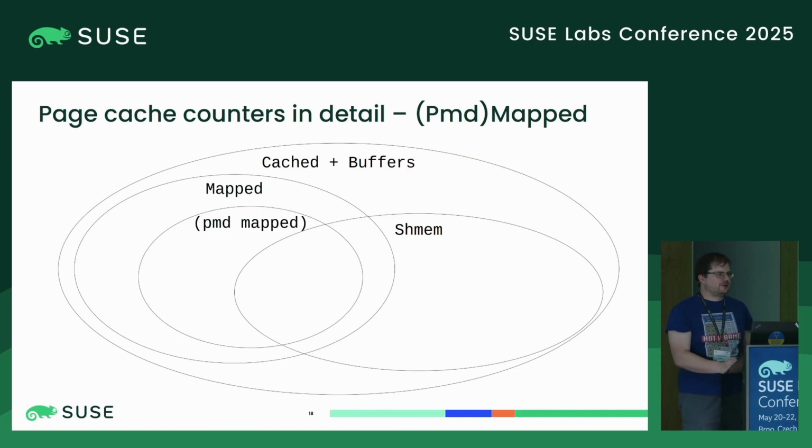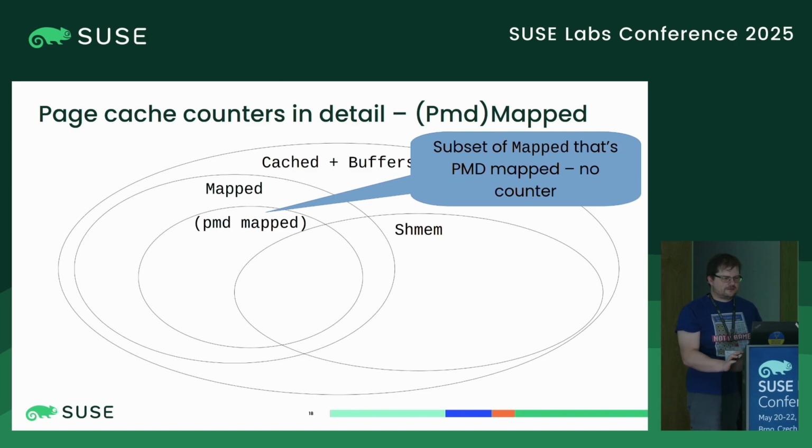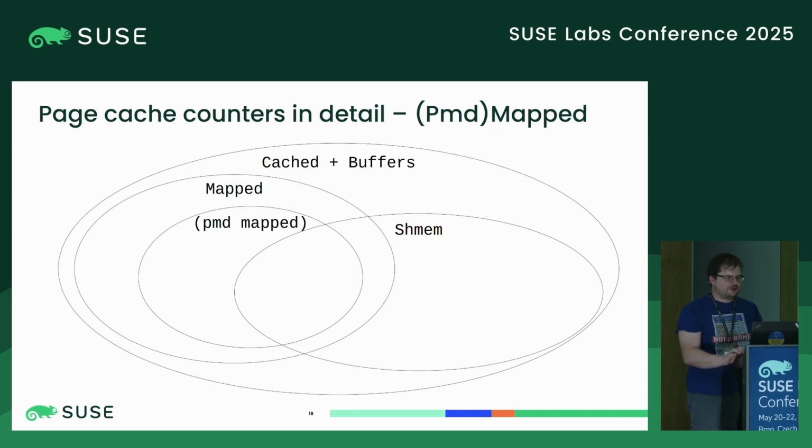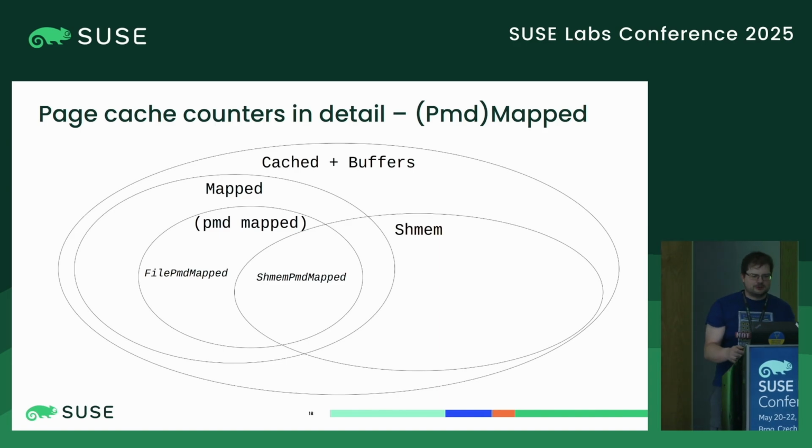Then some of it might be so-called PMD mapped, which means it's mapped as a transparent huge page. That also doesn't have a counter, but we have counters for how much is mapped by huge pages that's files, and how much is mapped by shmem. So yeah, it's all very consistent and gives you a clear picture if you need it for some reason.